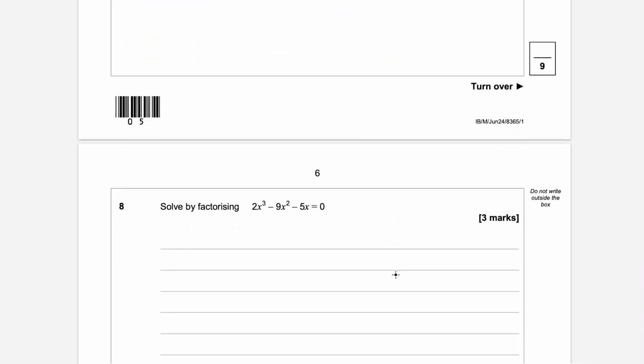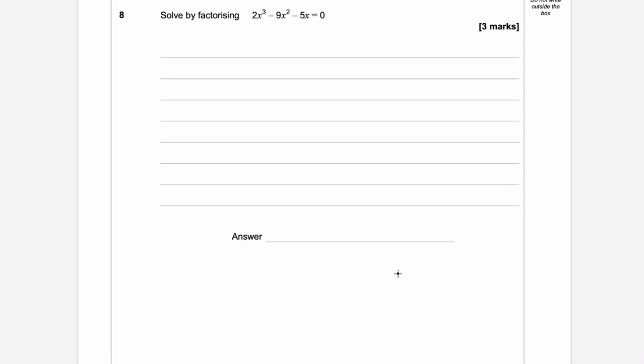Okay. Question 8. Solve by factorizing. Okay, first step, guys, we will take out the x, the common factor. There's an x in all of these. So take out the x, then I've got 2x squared minus 9x minus 5 equals 0.